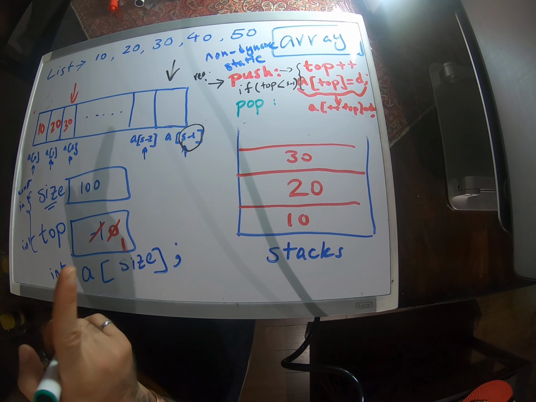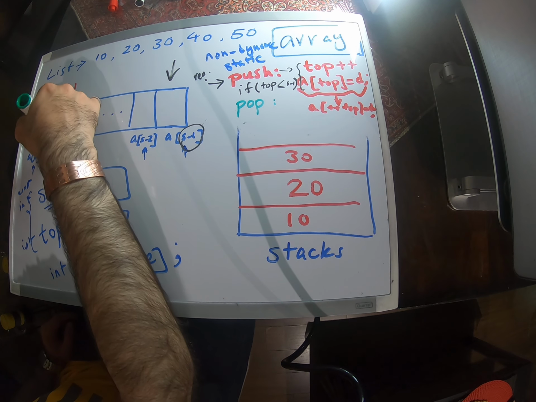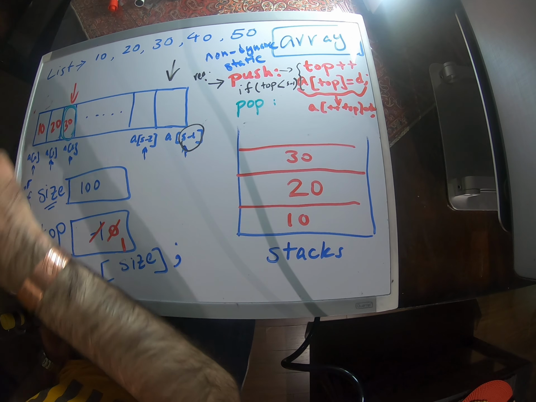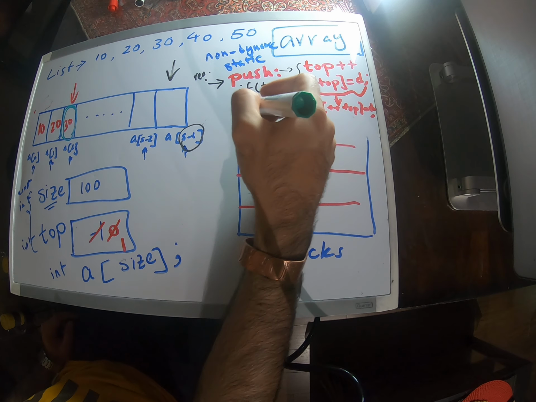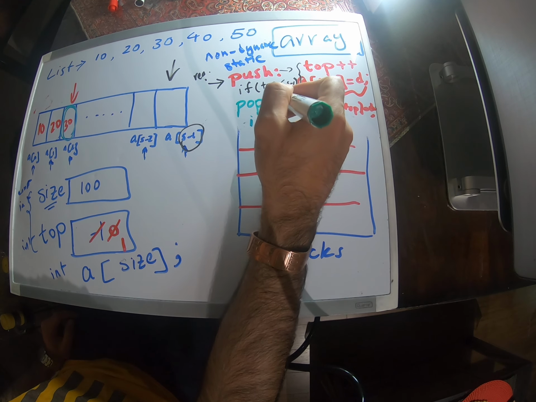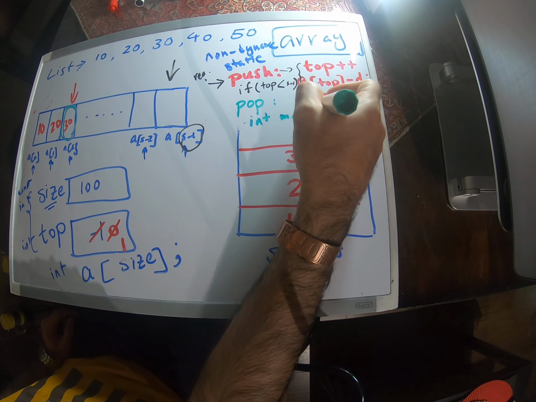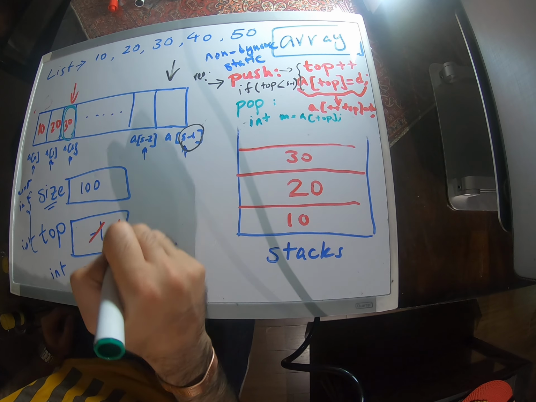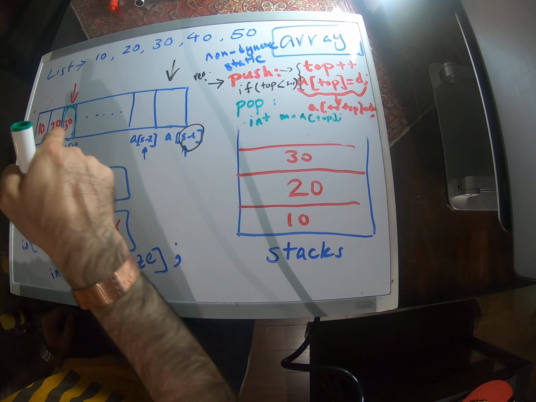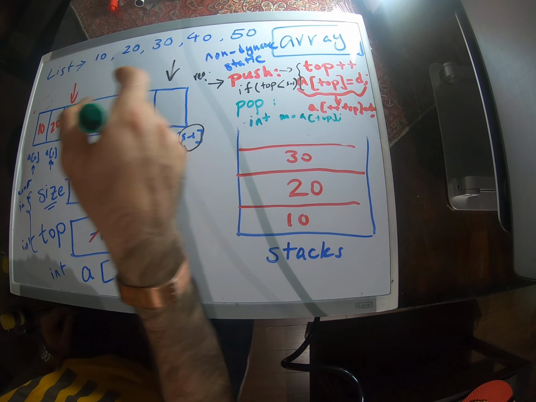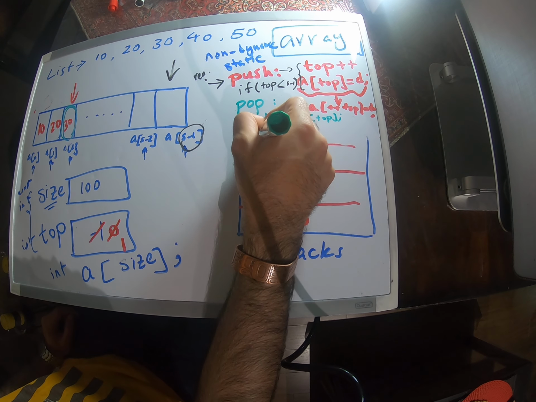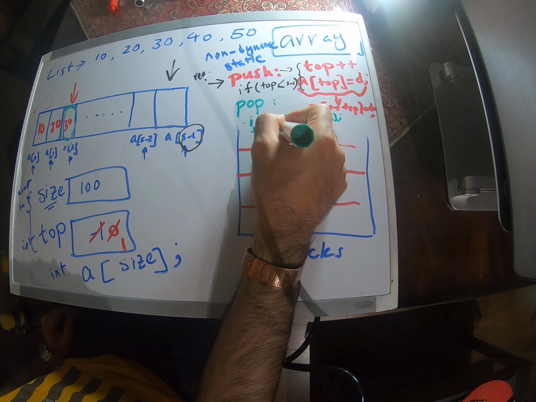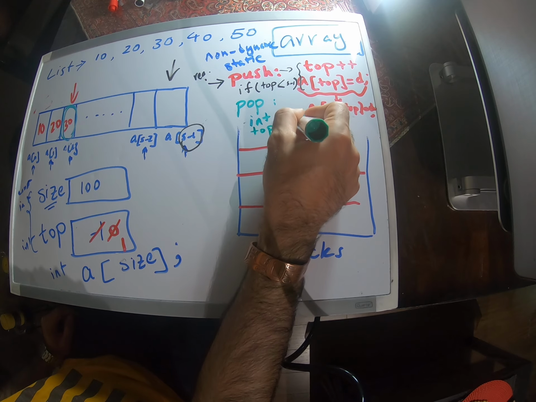So first thing we want to do, we want to store this value, right? So I can say integer, let's say m is equal to a top, right? So we want to store this value, then we want to decrement the top.